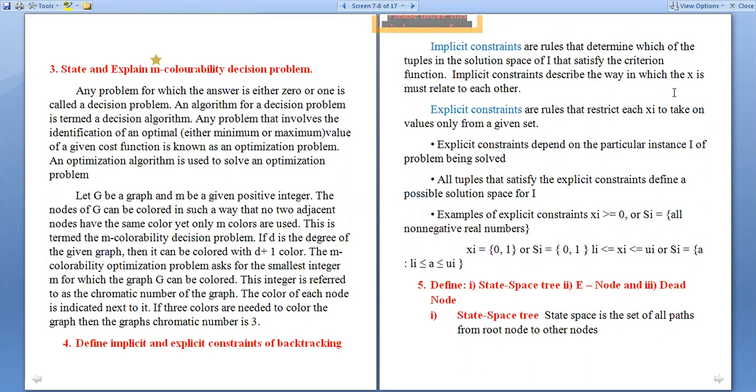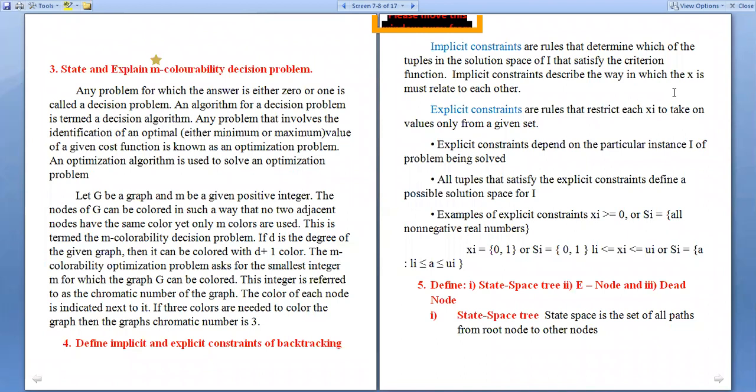Define implicit and explicit constraints of backtracking. We can apply backtracking for several problems. When you consider backtracking, we have implicit constraints and explicit constraints. What is an implicit constraint?